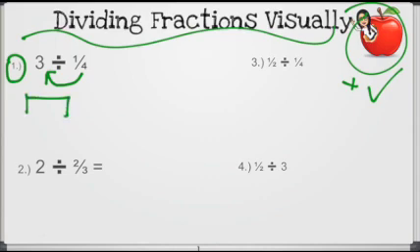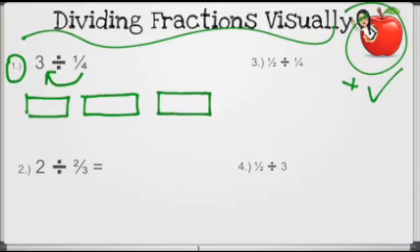I'm going to begin by drawing a visual model. Think about sharing 3 sandwiches and cutting each sandwich into fourths. The total number of pieces I have is the quotient, or the answer.